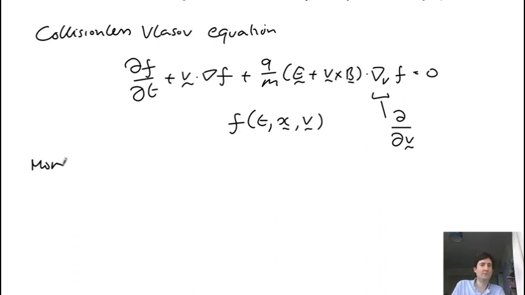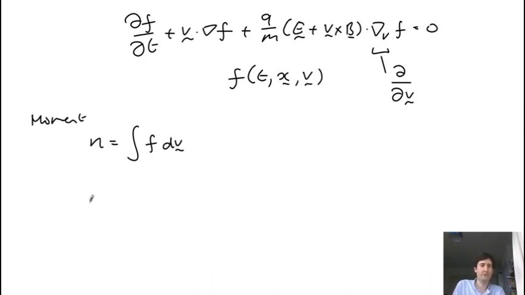As before, we now take moments. The 0th moment, for example, gives us density. So n is just the integral of the distribution function over all velocity, and that gives us some function of time and space because we've integrated over all the velocities.